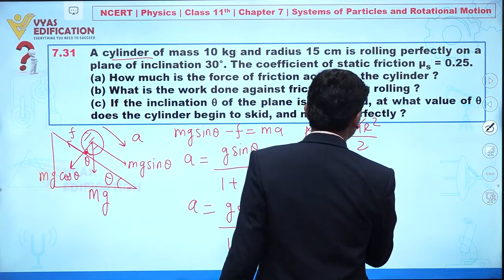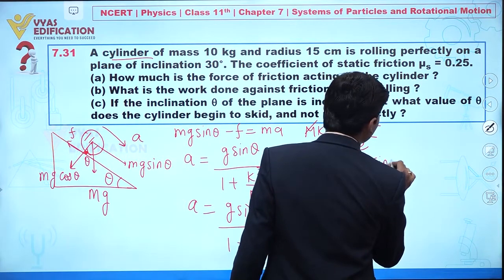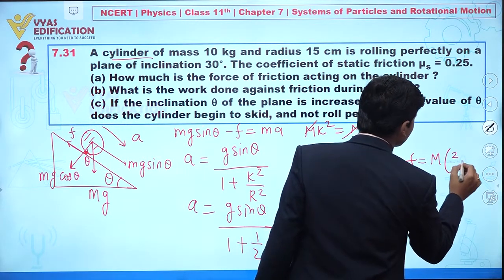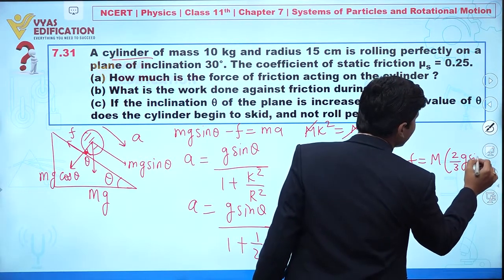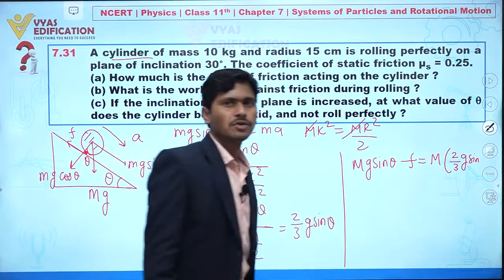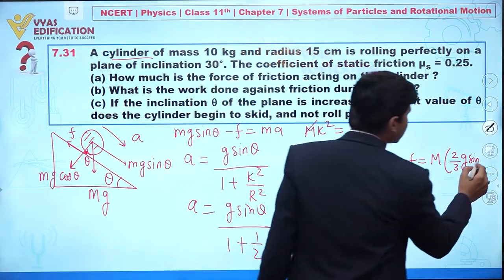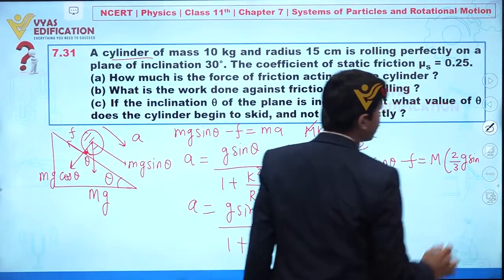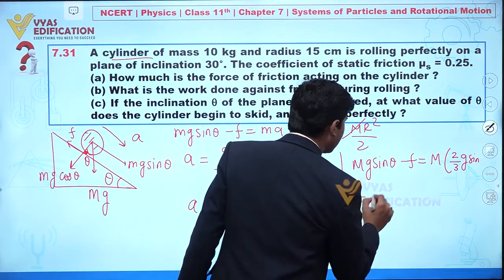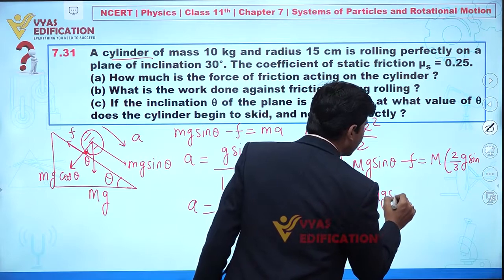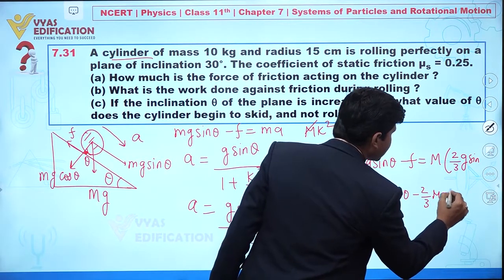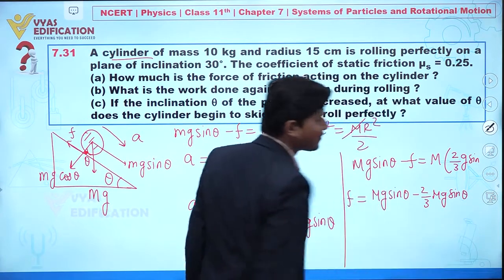Yes. mg sin theta minus f should be equal to m times 2 by 3 g sin theta. So the value of friction force is given by mg sin theta minus 2 by 3 mg sin theta.